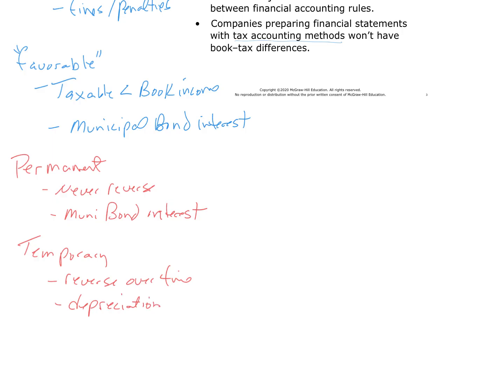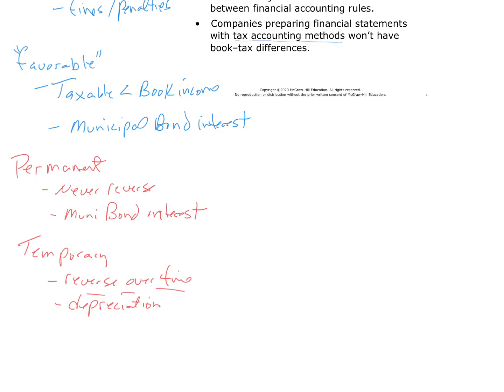Why is it a temporary difference? Remember that we have MACRS depreciation for tax purposes, and then you have whatever systematic and rational method you choose for financial accounting purposes. So you're recovering those costs at different rates. That cost recovery is going to reverse over time, because eventually you're either going to fully depreciate that asset or you're going to sell it. And so that is a temporary book tax difference.